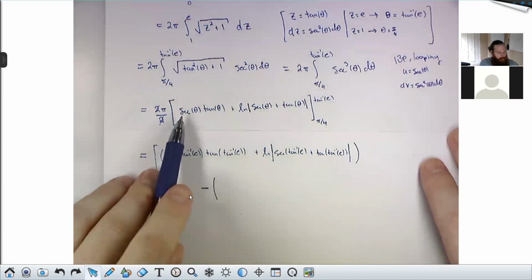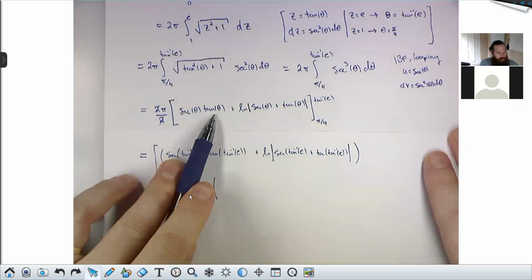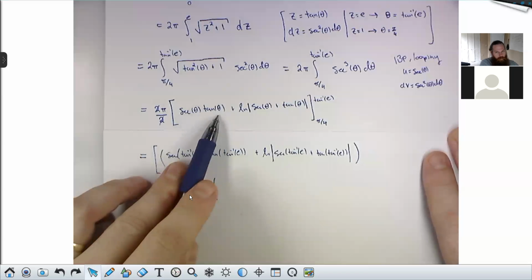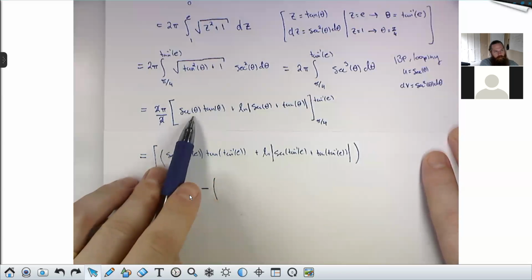The secant of pi over 4 and the tangent of pi over 4 are not hard to sort out. Tangent of pi over 4 is 1. Think about your unit circle for all this. What's the secant of pi over 4?